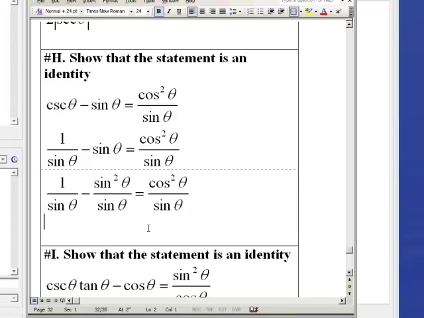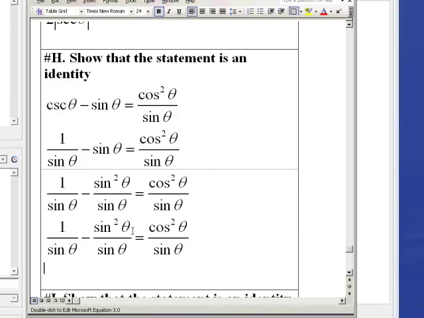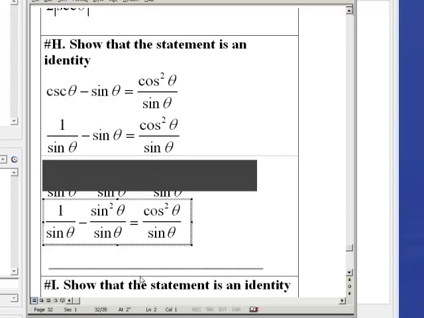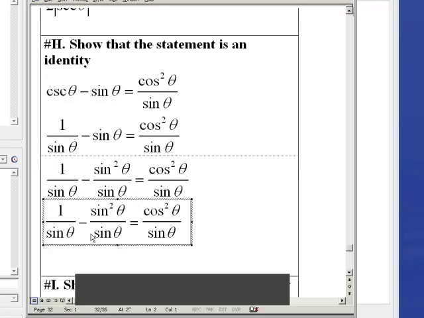Okay. So now on the left-hand side, I have a common denominator. So I can just write sine theta in the denominator, and the numerator will say 1 minus. So that's what I'm going to write.